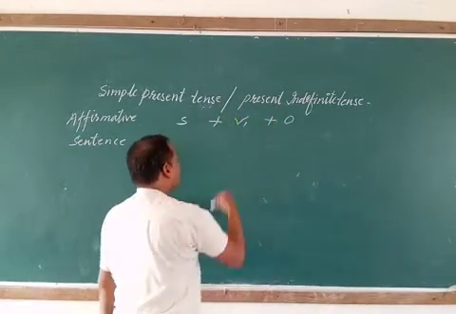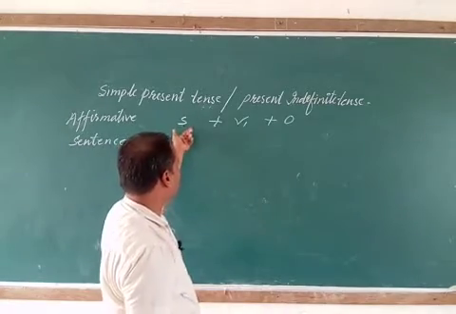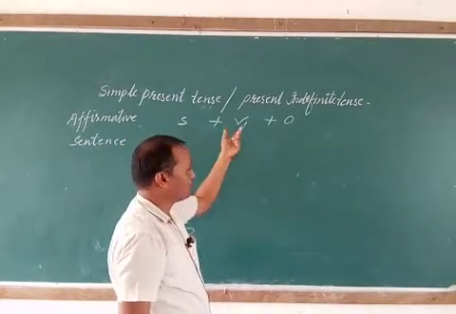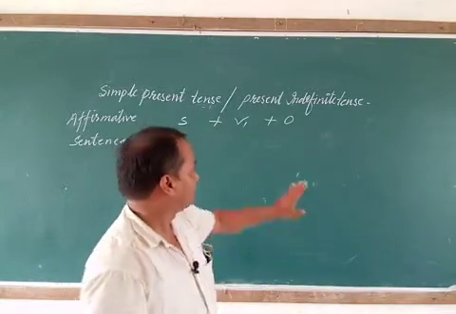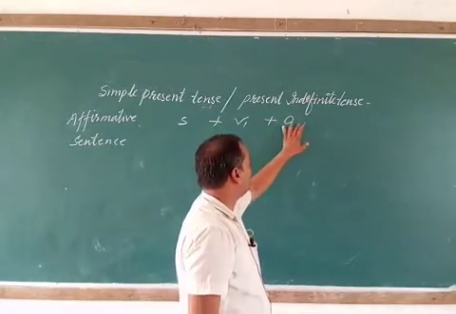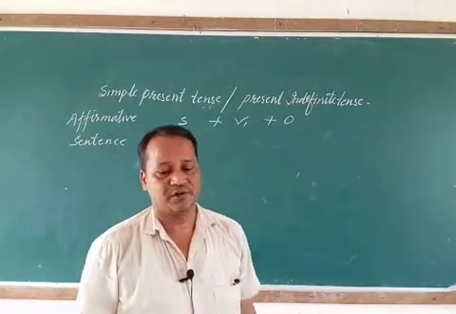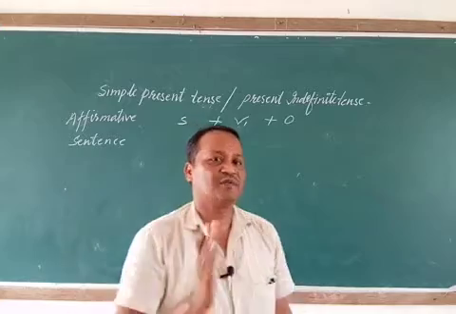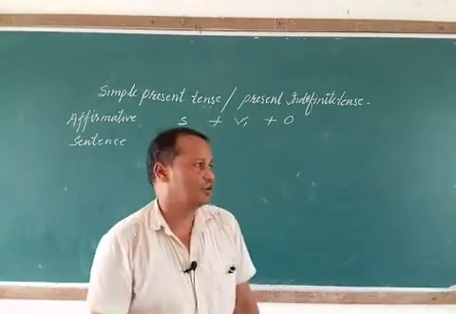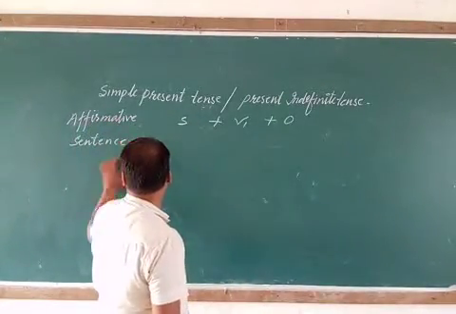Means the order will be, first you have to take the subject, then verb, and the verb should be in the base form, and then other words or the object. Means O for other words or object. Means the order would be subject plus first form of the verb plus object in affirmative sentence.